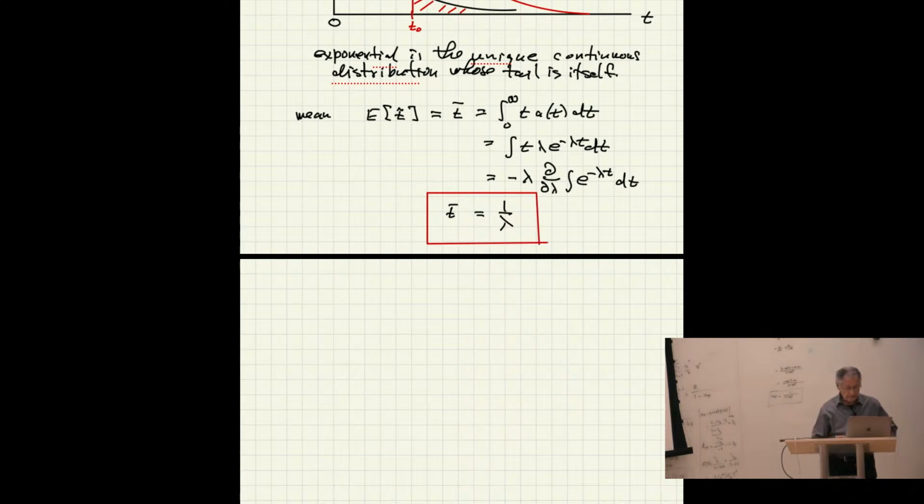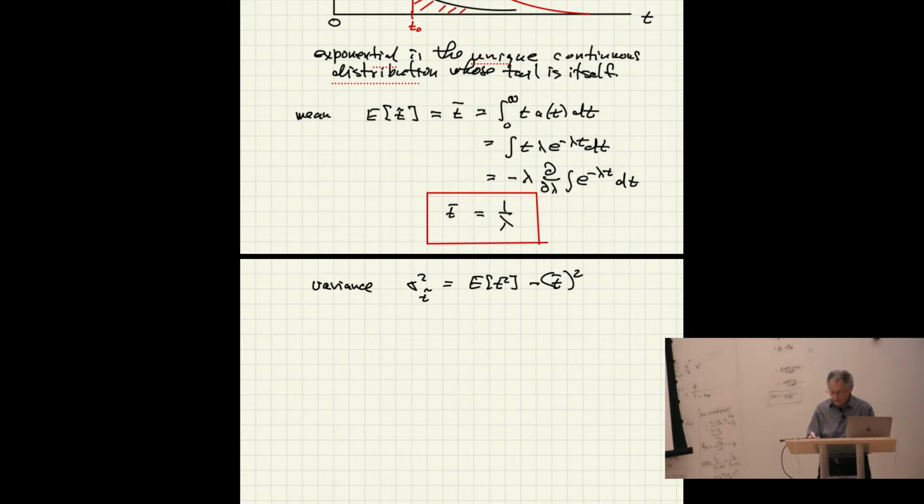The arrival rate is lambda. And if you do the variance, sigma squared sub t tilde, clearly it's equal to the expected value of t squared minus t bar itself squared.